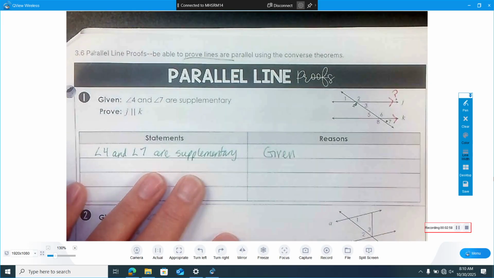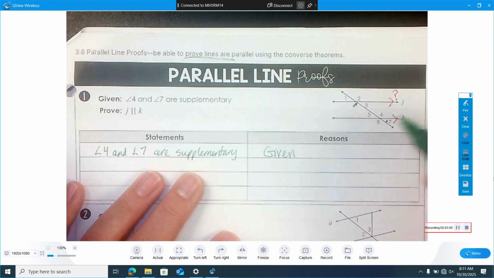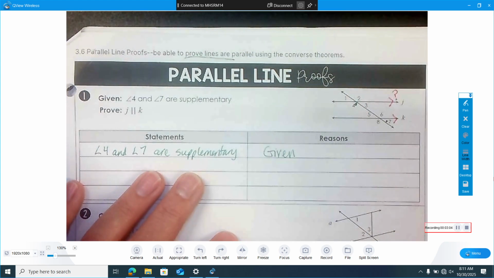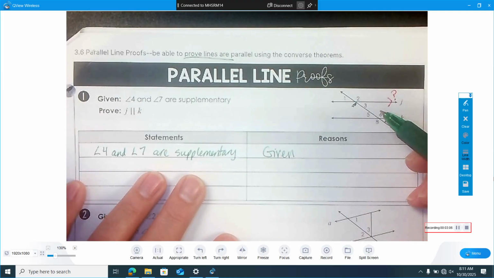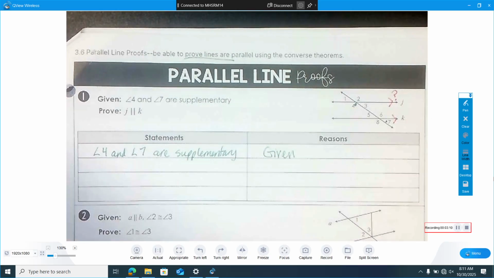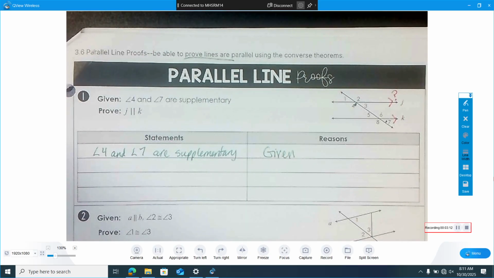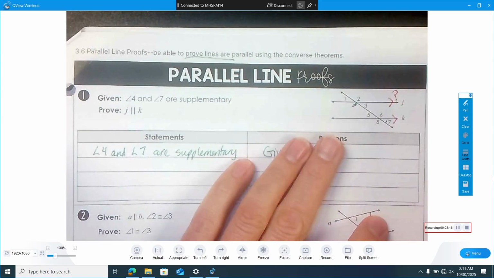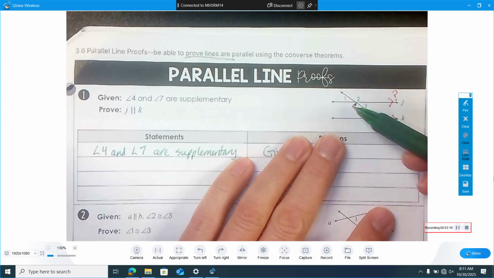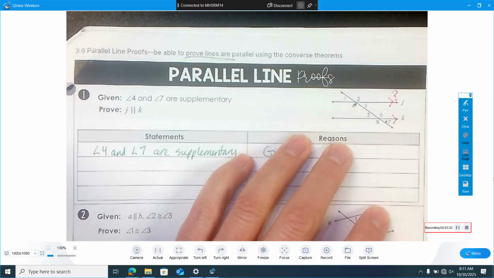Okay, that's definitely a thing we could do. So they gave us information about angle 4 and angle 7. And so we could maybe try to find some pairs of corresponding angles. And if corresponding angles were congruent, then we would have some parallel lines. Like 1 and 8? Well, I'm probably going to want to use one of these angles that they've given us information about, because we're going to have to create some sort of chain to get there, okay?